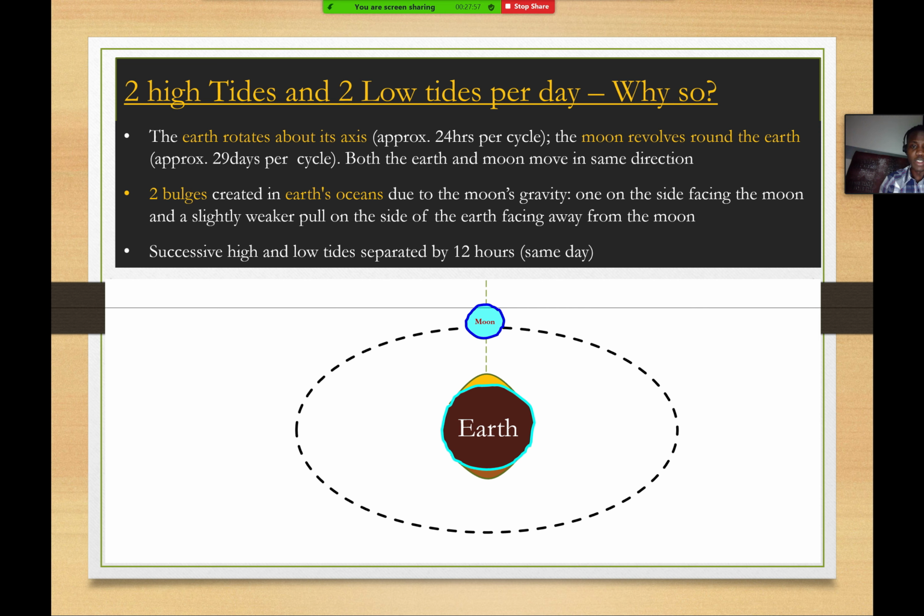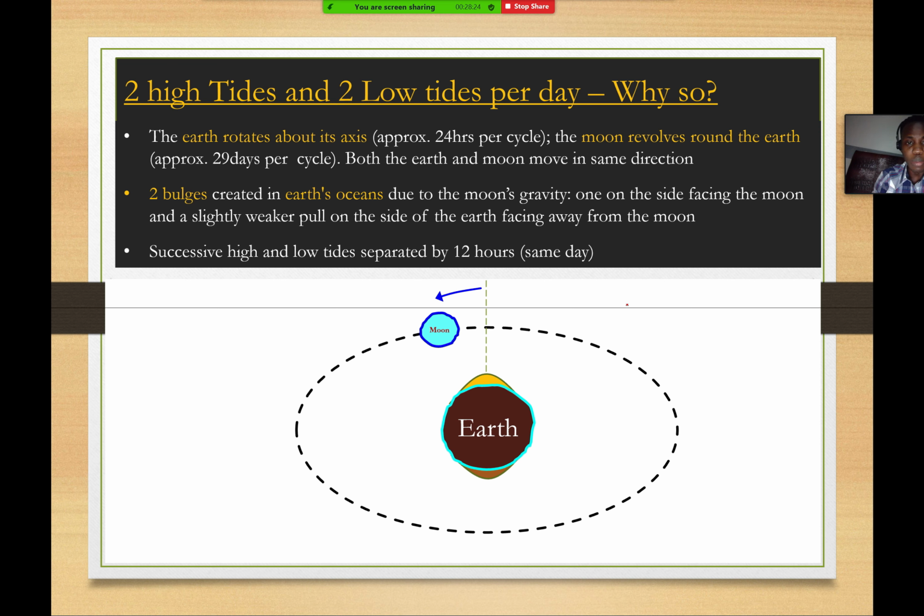So what this means is that while the Moon is orbiting around the Earth, before it covers approximately 13 degrees, the Earth will have completed one cycle. And the question is, how did we come about this calculation?